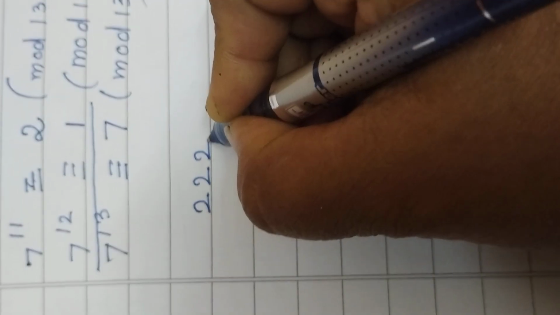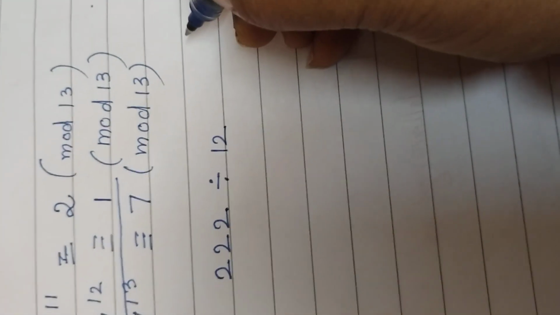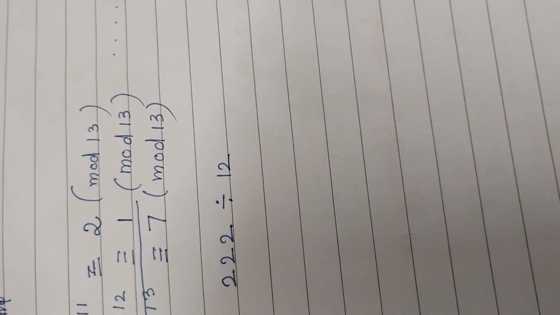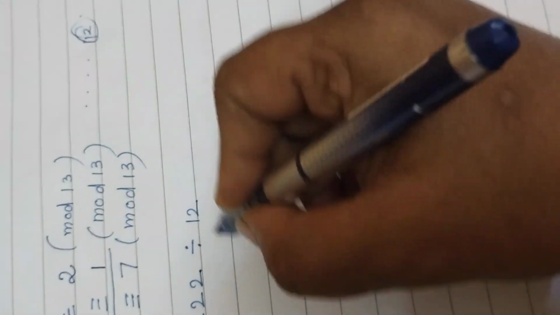222 will be divided by 12, because there is a 12-long cycle from where the repetition starts. So in case it is a 12-long cycle, if I divide by 12, what will I be getting?